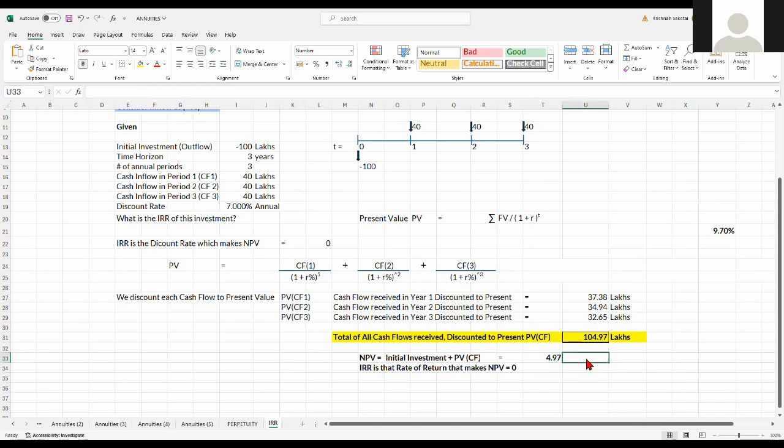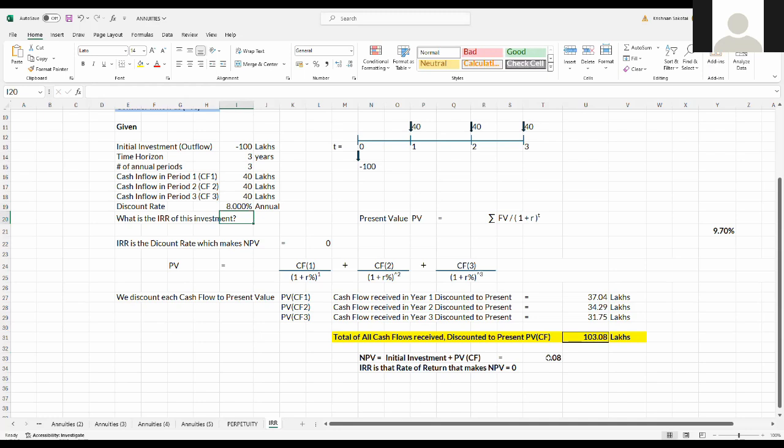Again we undertake a trial and error method. Instead of 7, let us make it 8. Notice the NPV is positive 4.97 at 7%. If we put an 8% discount rate, what does it become? It reduces, and reduction is good.